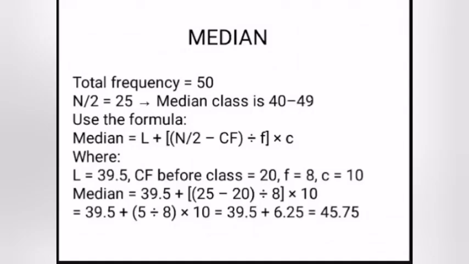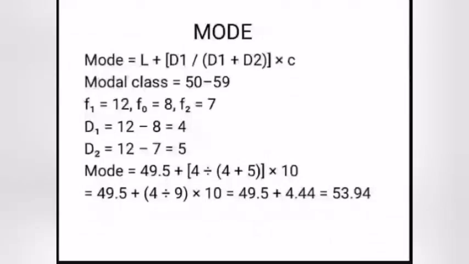So remember, we'll solve the bracket out first. That's 25 minus 20, that's 5. Then 5 divided by 8, then 5 divided by 8 times 10. Then we now add. So your median is 45.75.